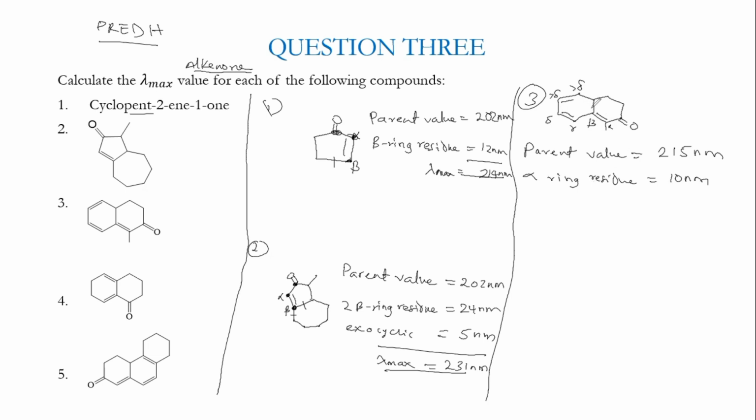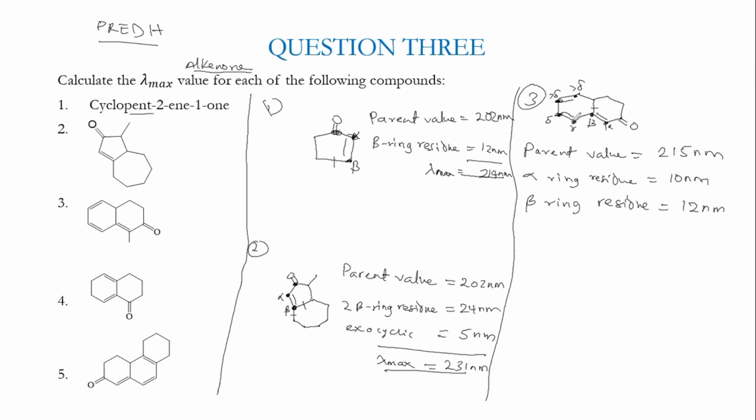We have one here and one here. These are the double bonds involved, so the carbon involved. So we have one going to the beta. So we have a beta ring residue, and that's going to give us 12 nanometers.